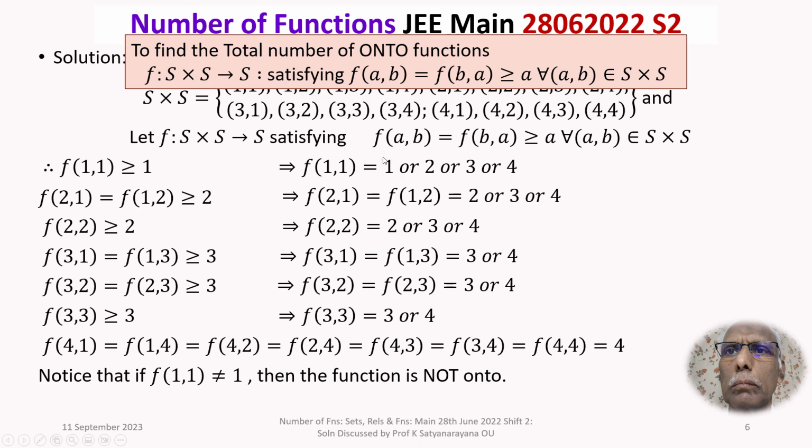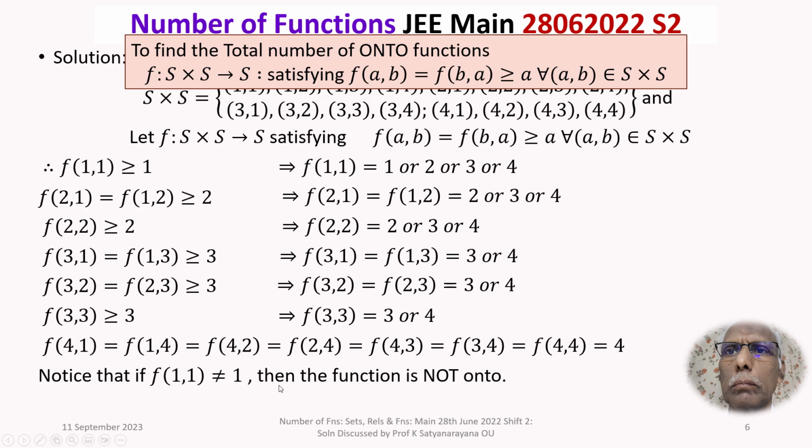These elements are mapped to 2, 3, 4 only, and 1 is left unmapped. It is not mapped by any element. Then the function you are going to materialize is not an onto function because one of the elements, that is 1, is not mapped.